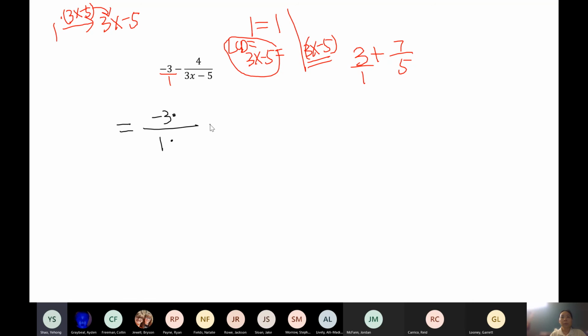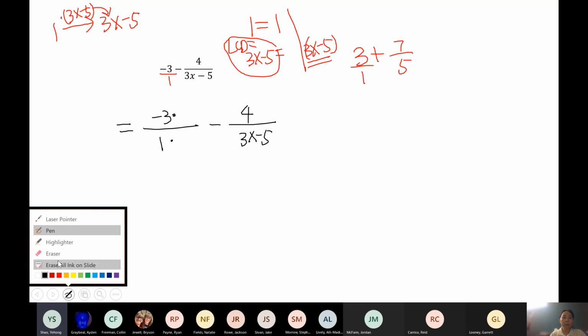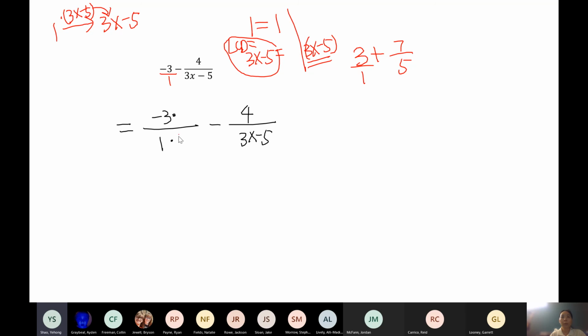And I'm going to just copy that second part. I copy the problem one more time and use a different color to show what I'm going to multiply. So I'm going to multiply by 3x minus 5, both top and bottom. And for the second part, you multiply by 1. Times 1, times 1, but you don't have to do it, because whenever you multiply anything by 1, it's not going to change it.